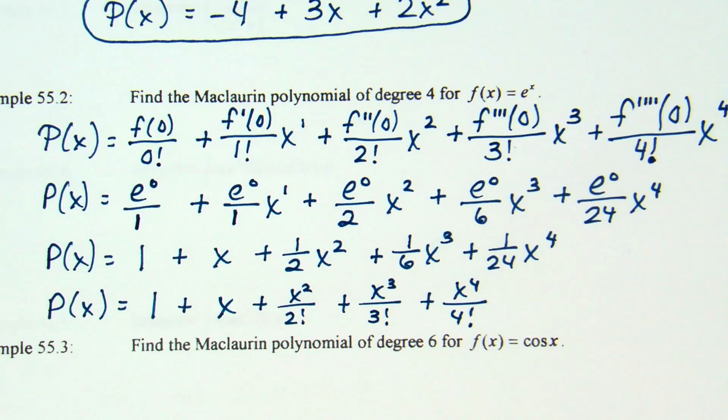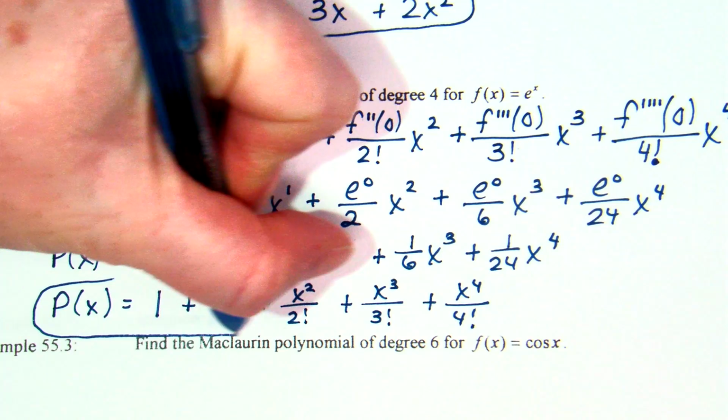And again, there are some advantages of seeing this setup. Notice how my powers and my factorials match in this particular problem. You will see lots of variations of this format when we work with Maclaurin polynomials. And that was for doing a degree 4.